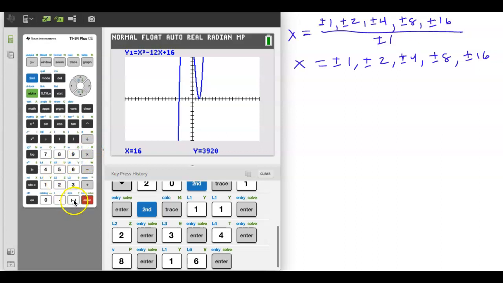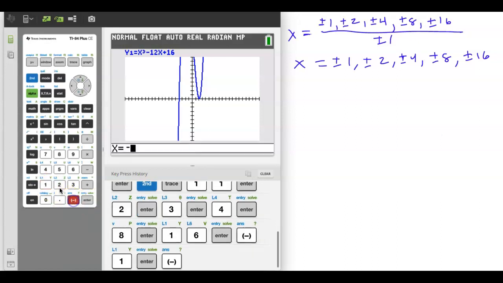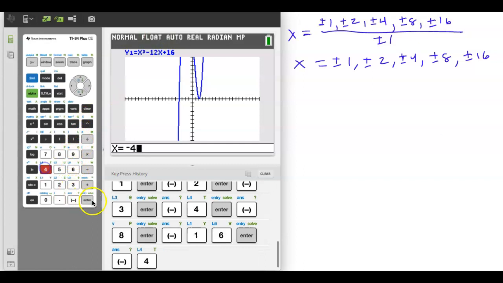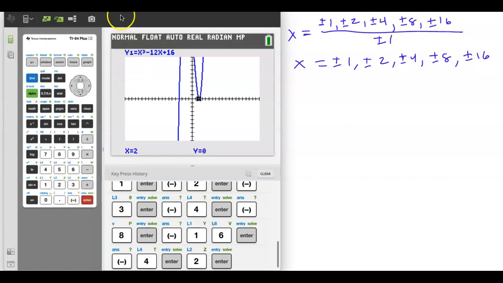Now, if we tried all the negative numbers, negative 1 doesn't work, negative 2 doesn't work, negative 3 doesn't work, but negative 4, that one does work. And then we have negative 8, doesn't work. Negative 16 doesn't work. So we see from what we found here that the only two that worked were negative 4 and 2, okay?